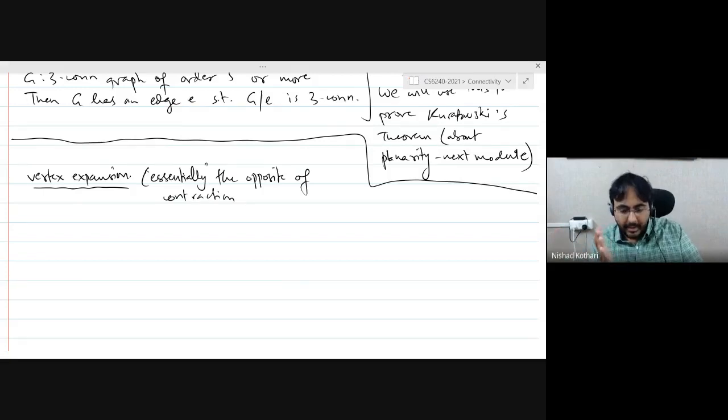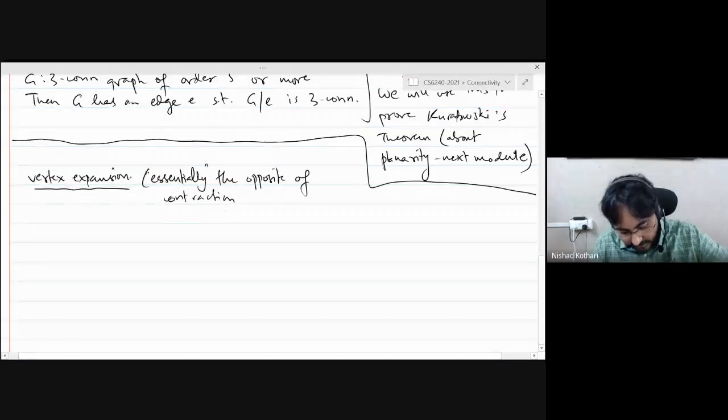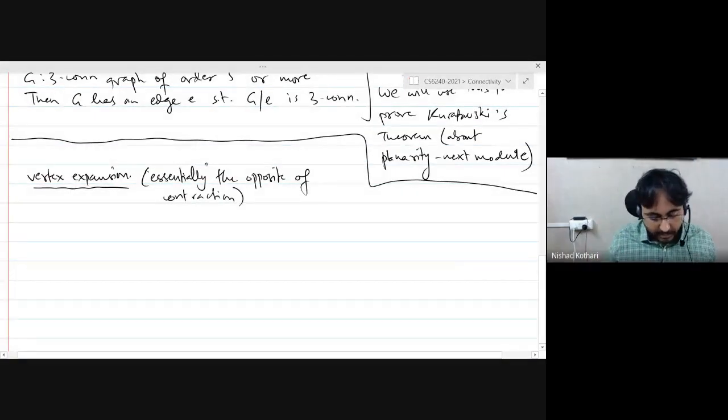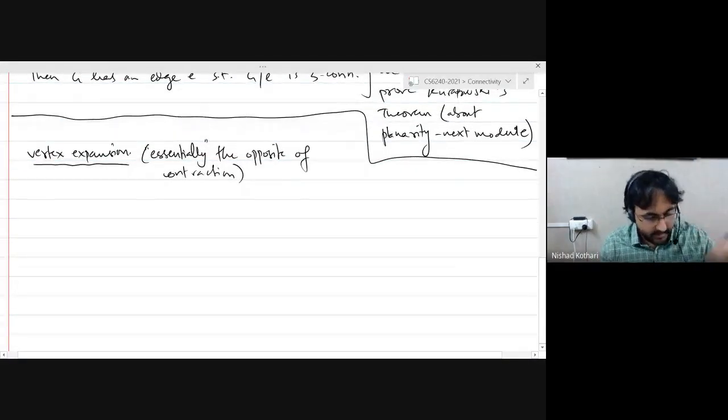Contraction is unique. If I tell you to contract an edge, then the resulting graph is going to be unique, depending on which edge you choose, right? But this operation that we are going to discuss is not going to be unique. It's going to have some freedom in it. So that's why I'm calling it essentially the opposite. Anyways, it will become clear as we define it.